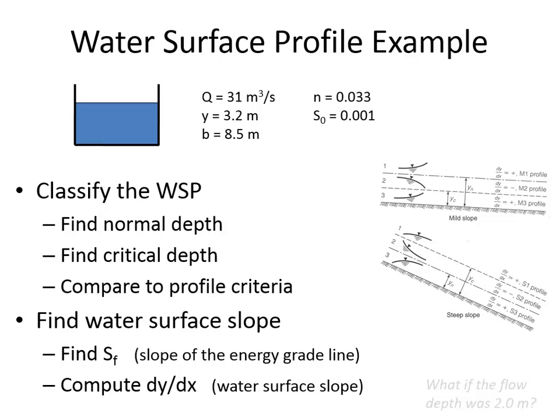So the given channel slope for this one was 0.1%, or 0.001, minus the slope of the energy grade line that we just calculated, which is 0.000634. And now 1 minus the Froude number squared, where the Froude number squared was 0.04138.